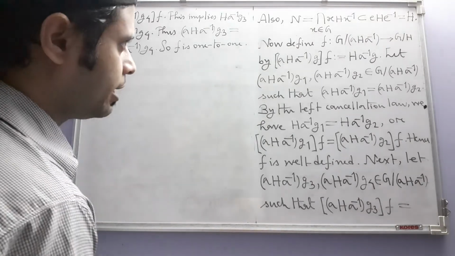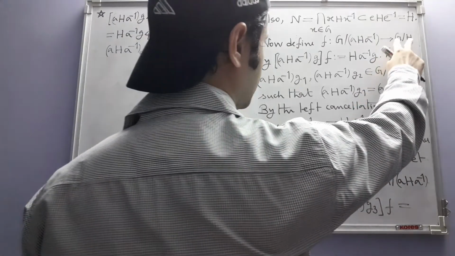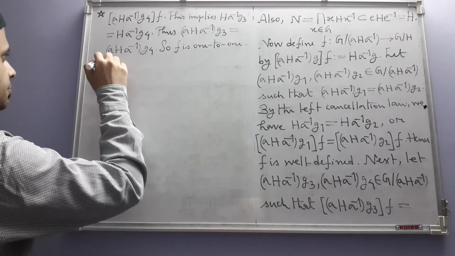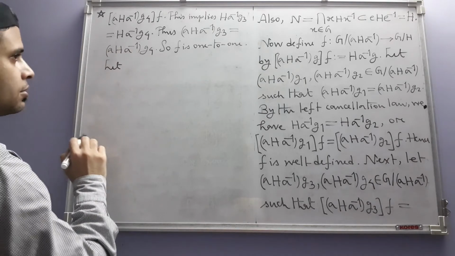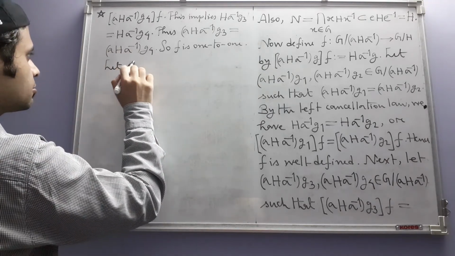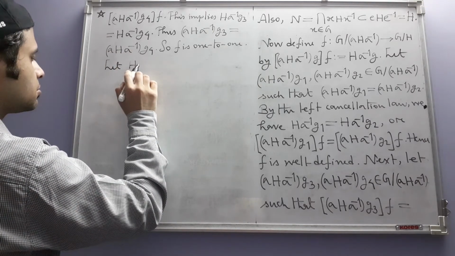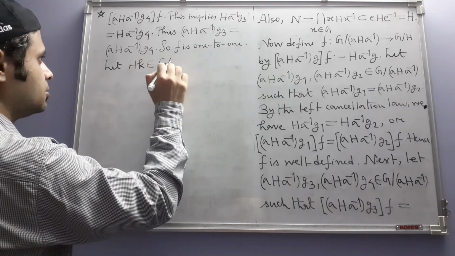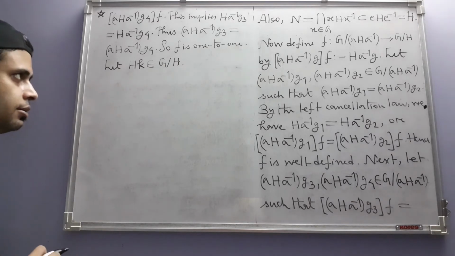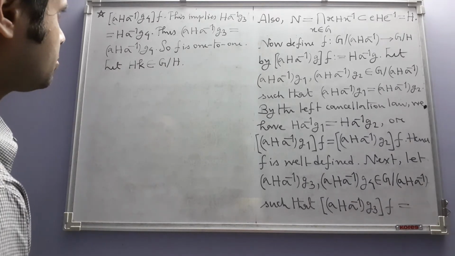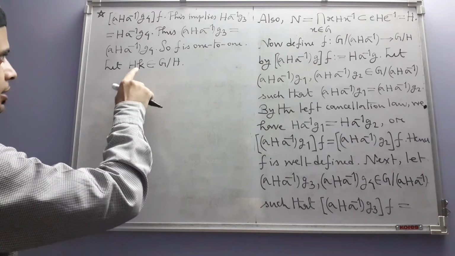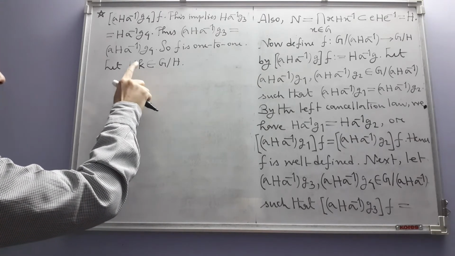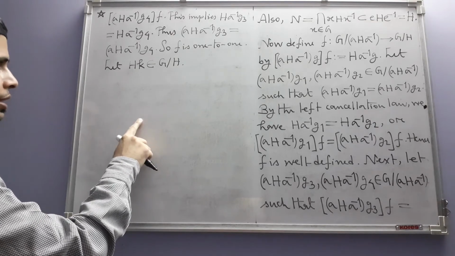Okay, now how is F onto? To see that, you take any element in the second set, in the range. Let's say Hk belongs to G by H, that is, Hk is a right coset. All we need is to realize this k as A inverse something.